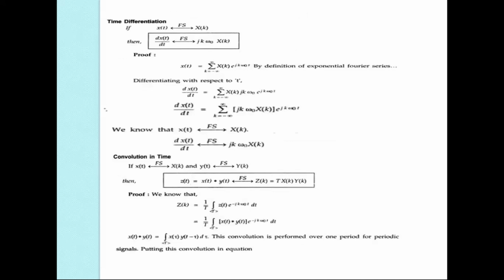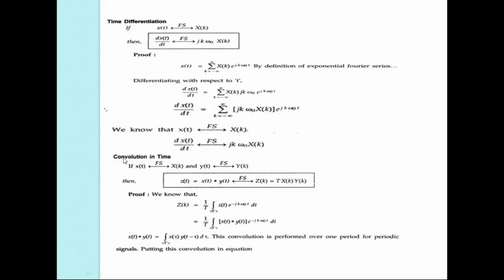Totally the 5 properties of the Fourier series we completed: the linearity property, time shift property, frequency shift property, scaling property, and also the time differentiation of the Fourier series.